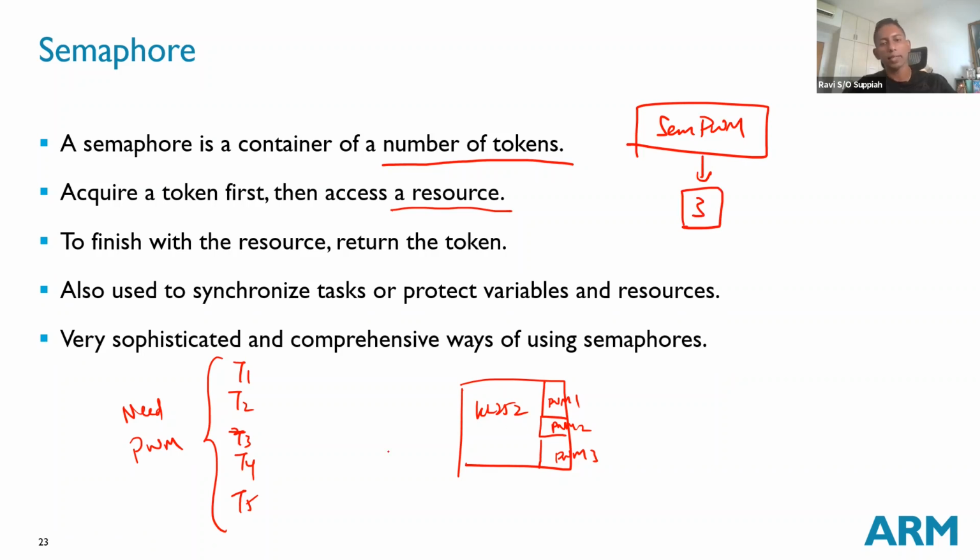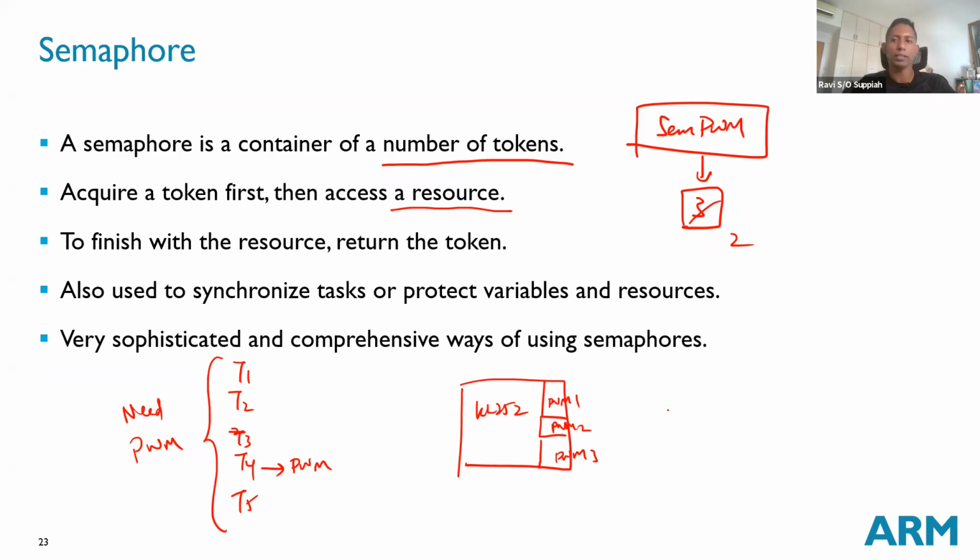If task 4 is the first one to say I want PWM, then I allocate 1 PWM to task 4 and so on. So you are able to allocate resources as and when they are available.